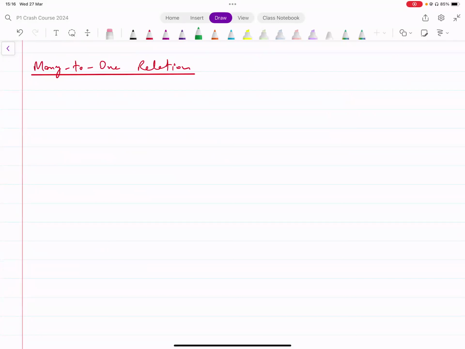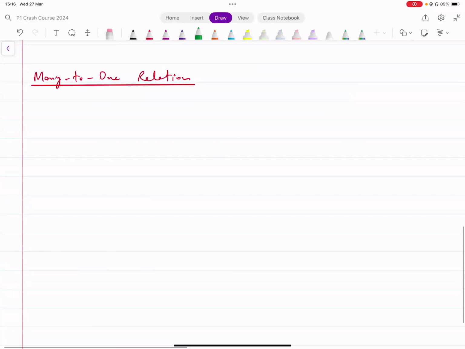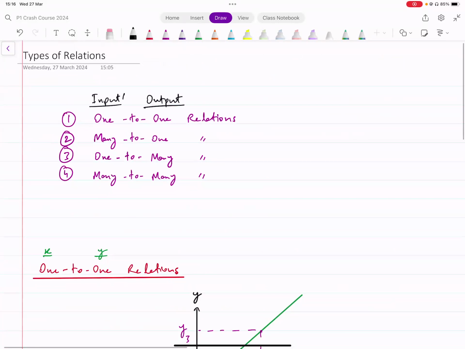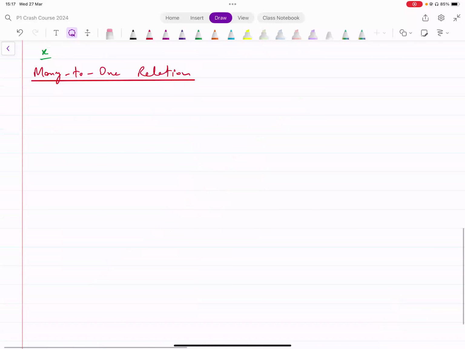Now, what about many-to-one? Many-to-one basically means, remember, the first word refers to input, right? So input means values of x, output means values of y. So the first word refers to input. So if you have many x and one y, what does that mean? What type of function could it look like?